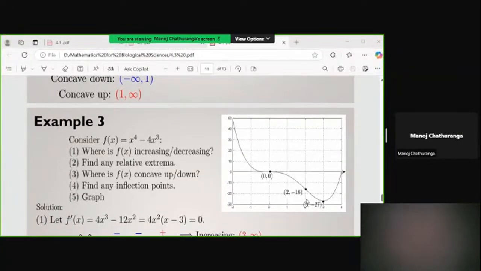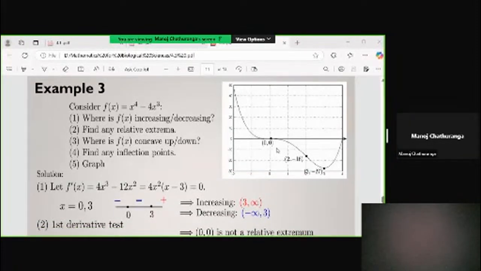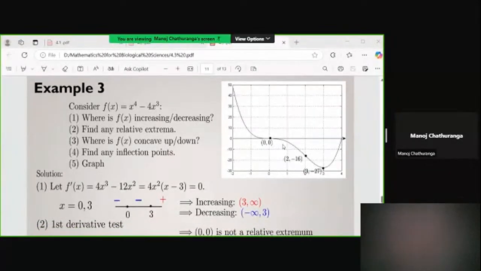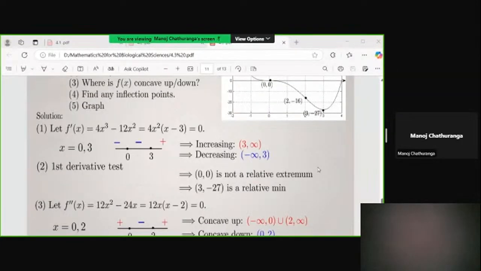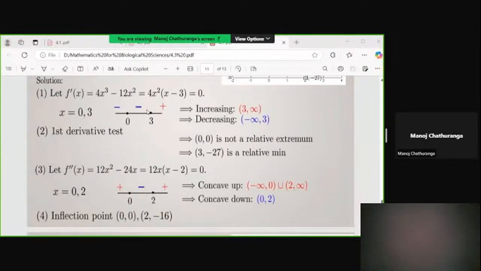The important thing is we evaluated the function only at 3 points. We don't need a table at all. We only analyzed the sign of the derivative and second derivative. So this is a very simple procedure.